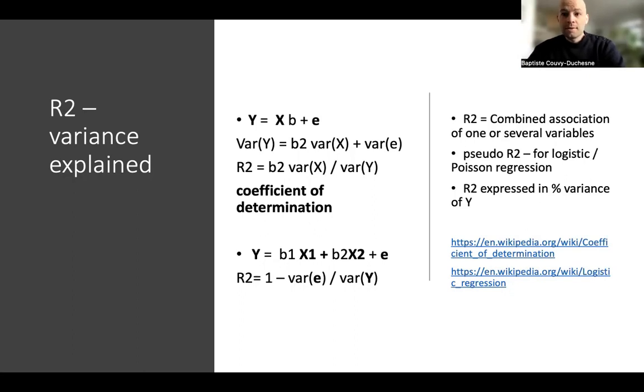For logistic and Poisson regression, we use pseudo R-squares. There's a choice of them, but more or less they're always derived from the log likelihood of the model. And R-squared is a measure between 0 and 1, scaled in terms of the proportion of variance of Y.